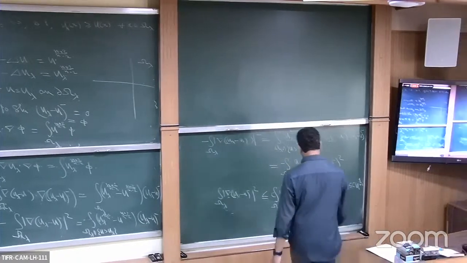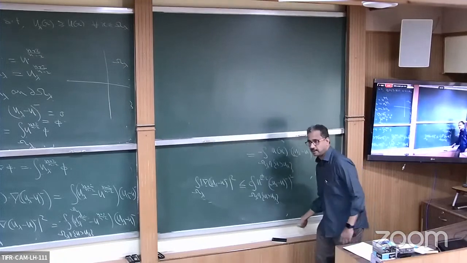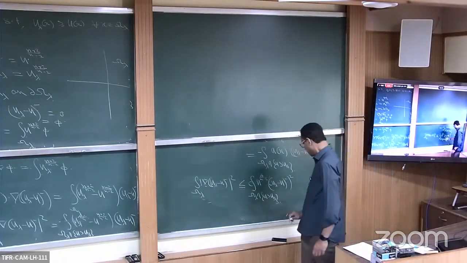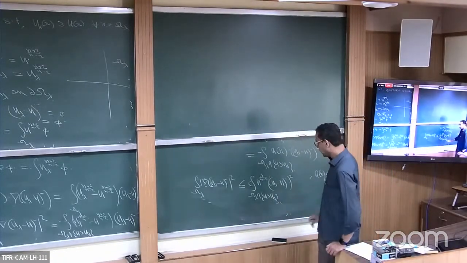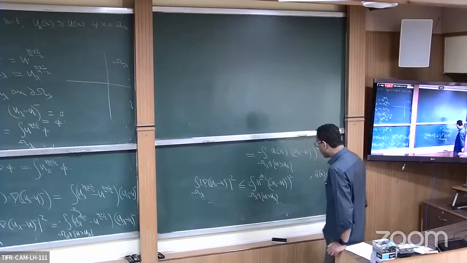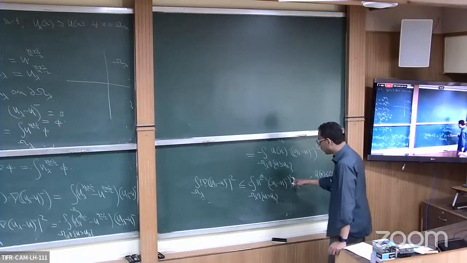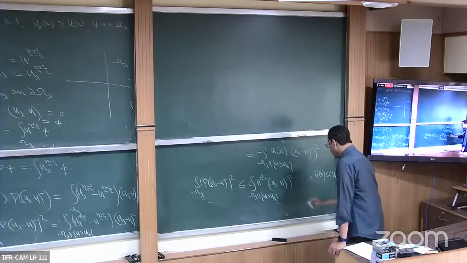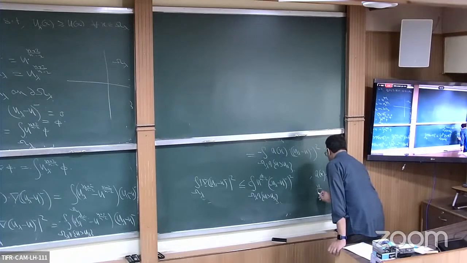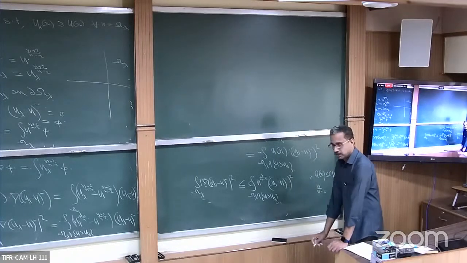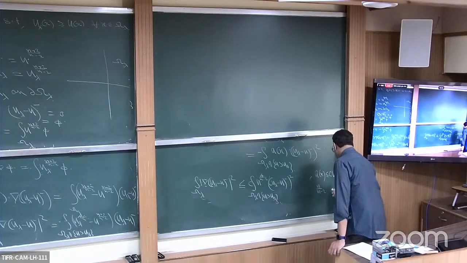Now what you do is apply the Sobolev inequality. When you apply the Sobolev inequality here, I want to make the 2 into 2 star, that means I want to multiply with n by n minus 2. So what is the conjugate of that? It is n by 2, right?